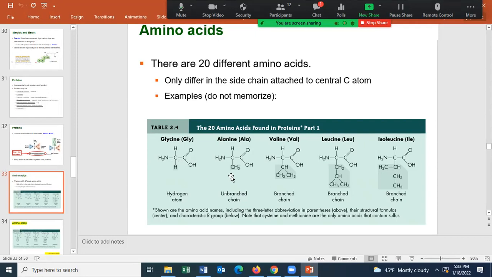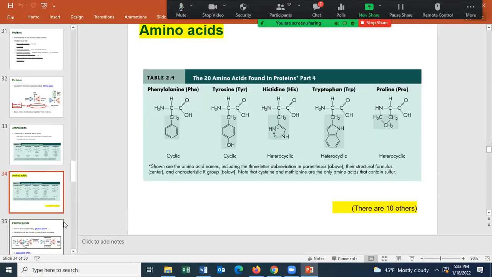This R group, I'm just showing you this one because it's a nonpolar R group. It has a methyl group attached for the R group. And this one is three methyl groups attached together, and it's nonpolar. Well, all of these are nonpolar R groups. Like I said, this is a partially polar R group.